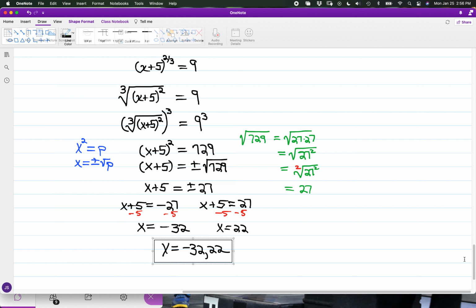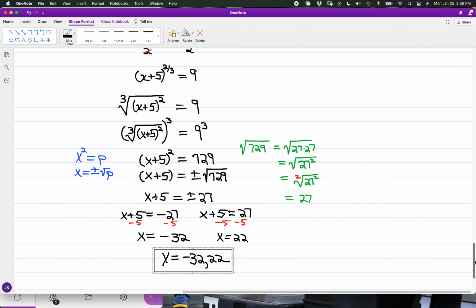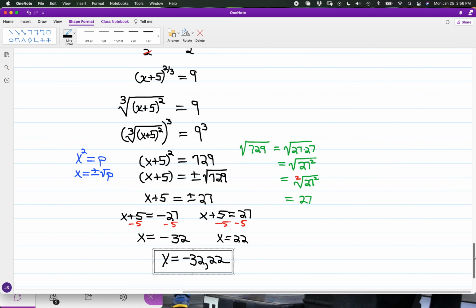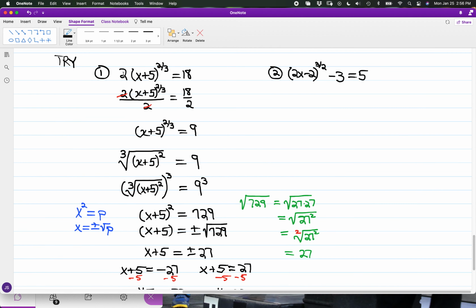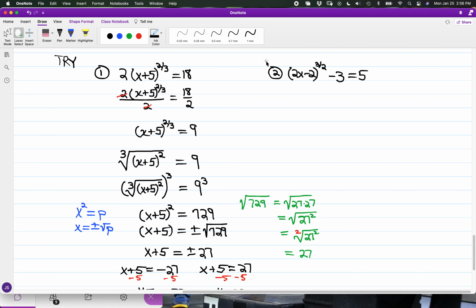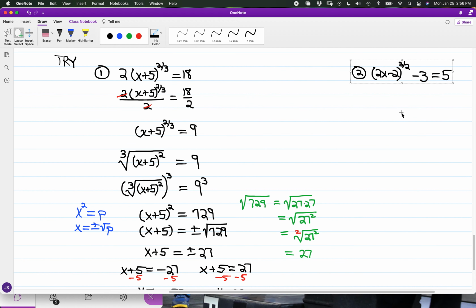Now in the case of our second item, notice the exponents between the exercises happen to be reciprocals of each other.